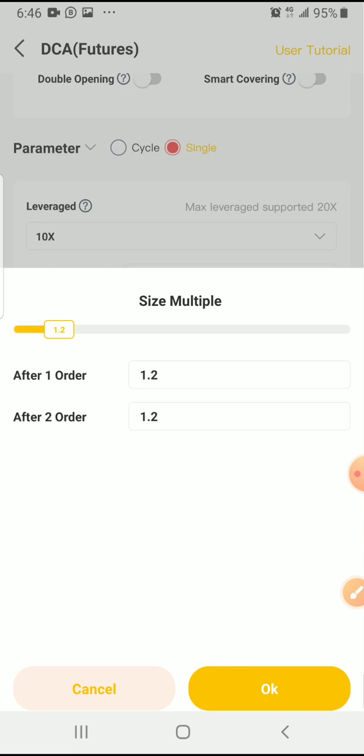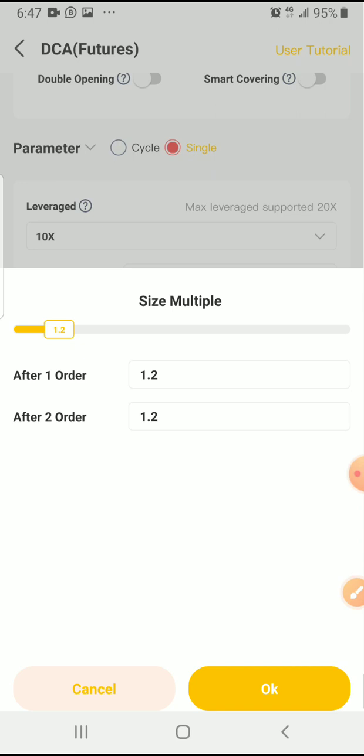Now afterwards, if the price goes down by 2.5%, which we have chosen in our price gap, it will do the second order. Because of what we are choosing here, the robot will multiply the initial amount by 1.2. In other words, it will buy more. That's the meaning of what we have here.